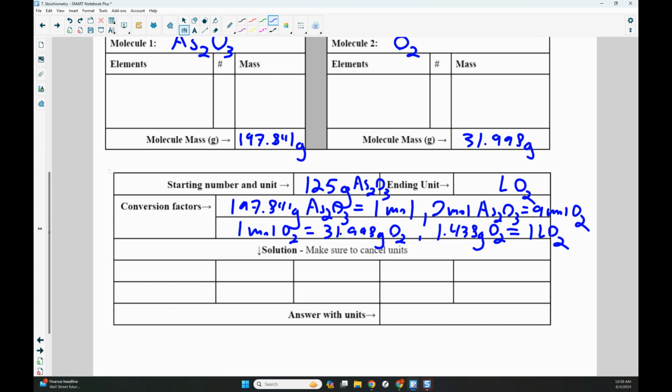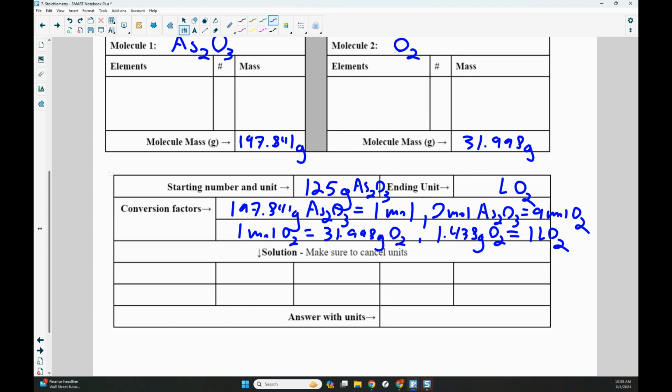Okay, now I'm going to plug everything into the train tracks. And I like to start with just the units here. So we're beginning with grams of diarsenic trioxide. And so I should have the same thing in the diagonal down here as always. And we're first converting into moles of diarsenic trioxide. And so I should have that same thing here in the diagonal.